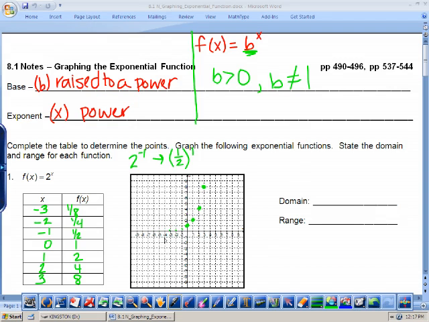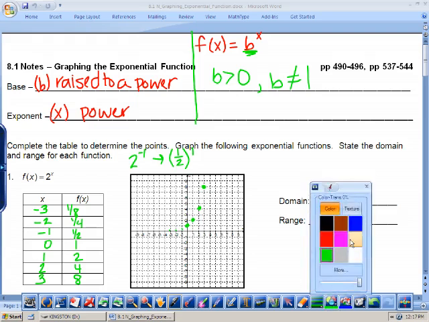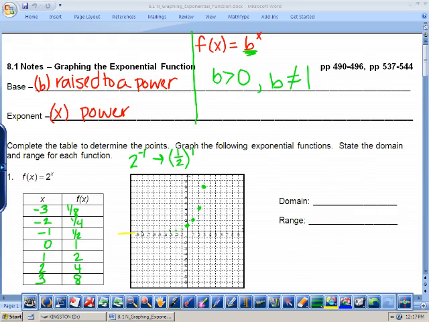Is it going to hit 0? No, we can't raise 2 to a power and get 0. So if we get closer and closer to 0 but don't hit it, what do we call y equals 0? Asymptote. All of your exponential parent functions will have a horizontal asymptote at y equals 0. So then you can draw in your exponential curve.